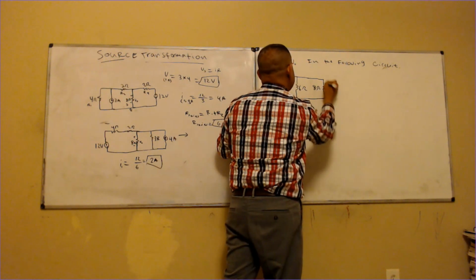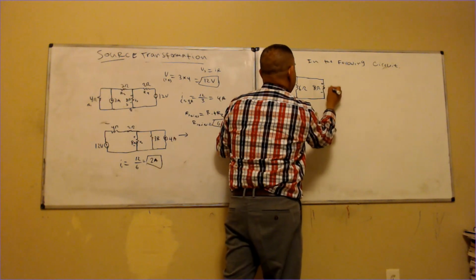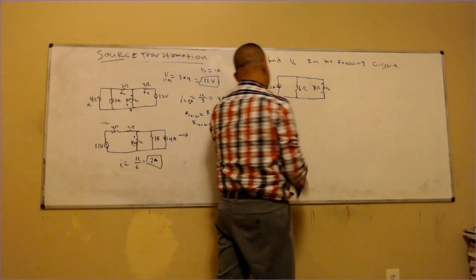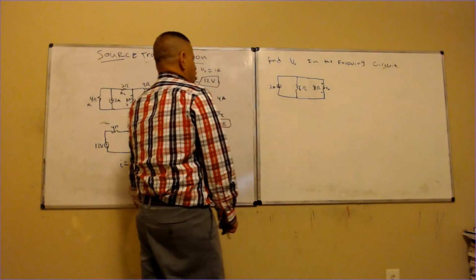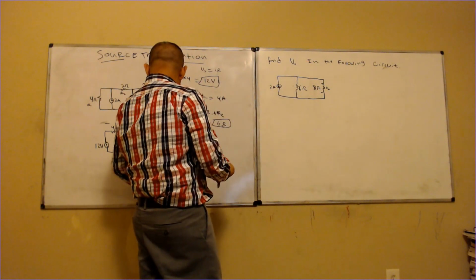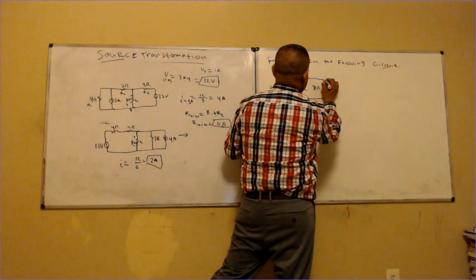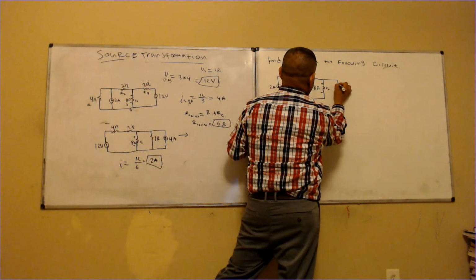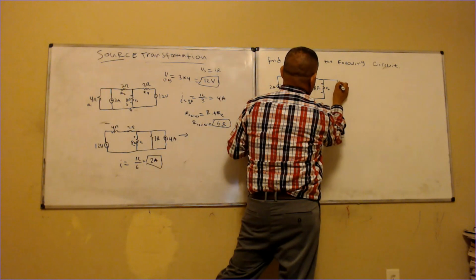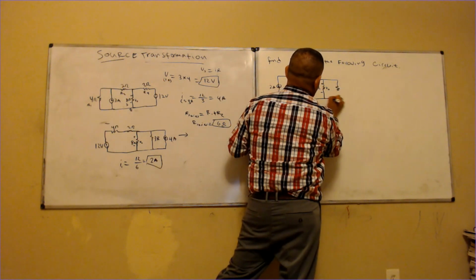Right. So this is plus, this is minus, and this is V out. I need some room anyway. All right. So now, this is in parallel with this, right?